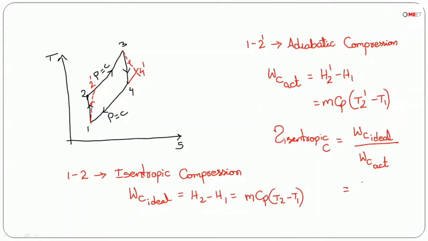So ideally it has to consume less amount of work, but due to practical reasons like certain irreversibilities like heat losses due to friction, then magnetic hysteresis, all these are the irreversibilities. Because of these irreversibilities, the actual work that is consumed by the compressor will be greater than the ideal work.